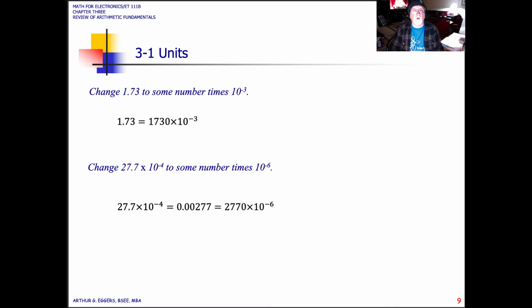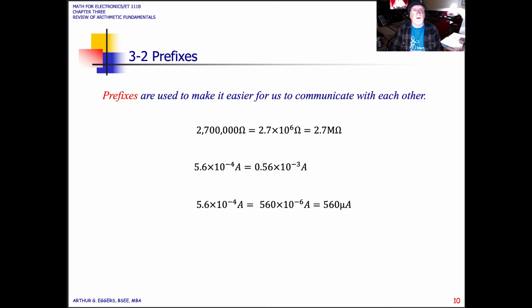More examples. Work these examples out. You can see how we are using the value and then the corresponding exponential to get to those metric values that are so valuable in electronic engineering. 10 to the minus fourth, not a value within electronic engineering. 10 to the minus 6, micro, very valuable in electronic engineering.